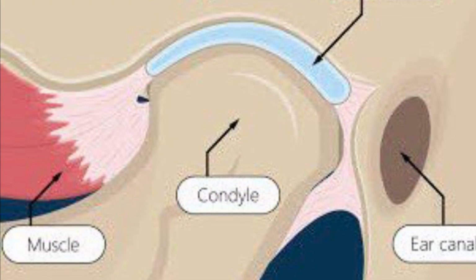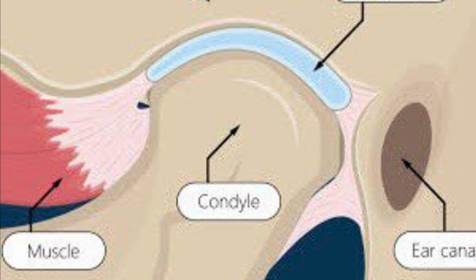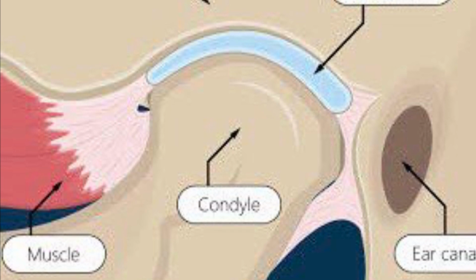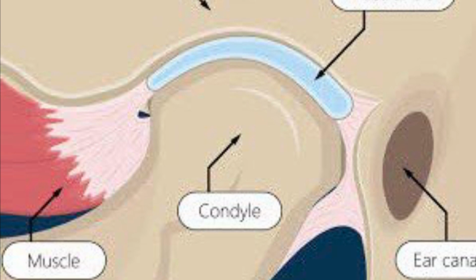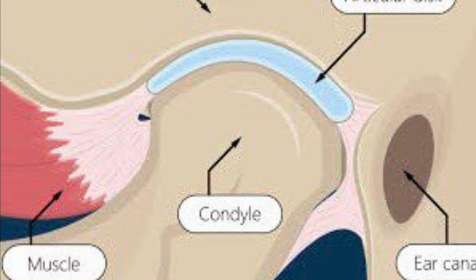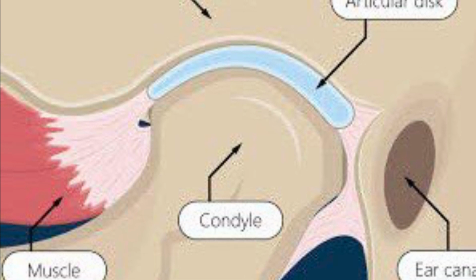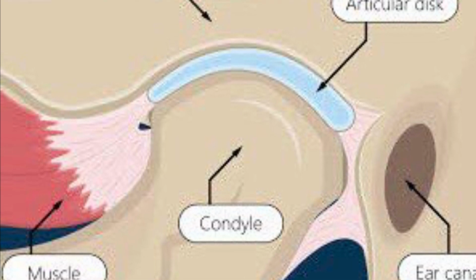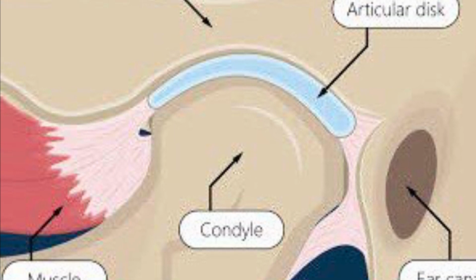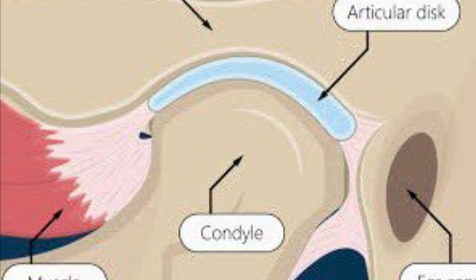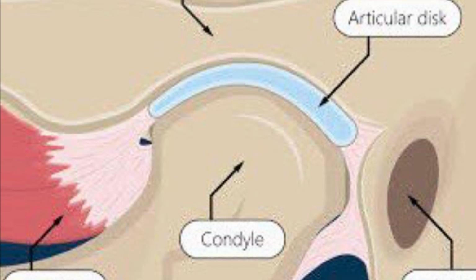The articular disc, or you can say menisci, of the TM joint is firmly attached to the capsule at the periphery and anteriorly blends with the insertion of the lateral pterygoid muscle. Posteriorly, it divides into two laminae. The upper lamina is attached to the squamotympanic suture, and the lower lamina is attached to the neck of the mandible.